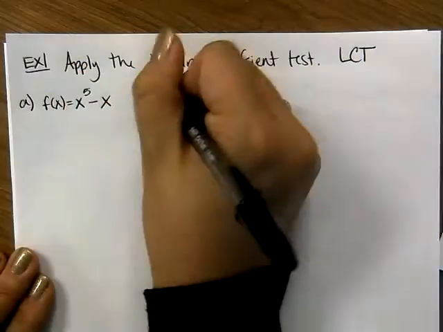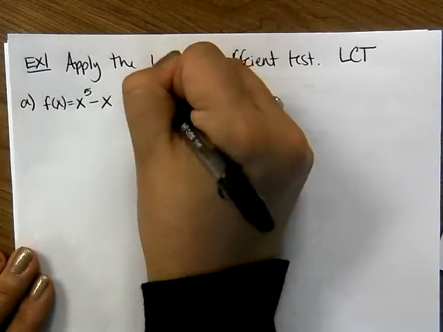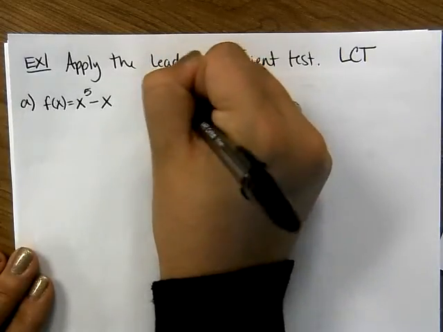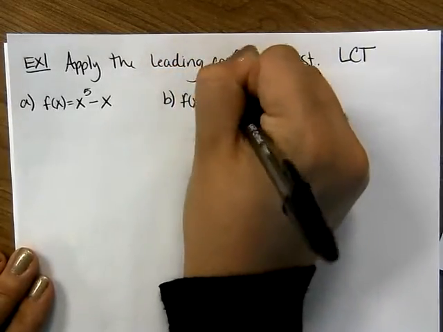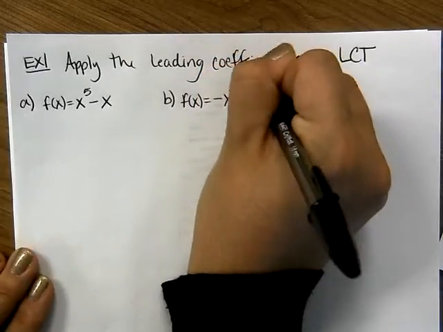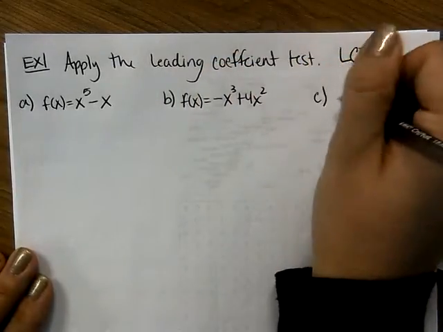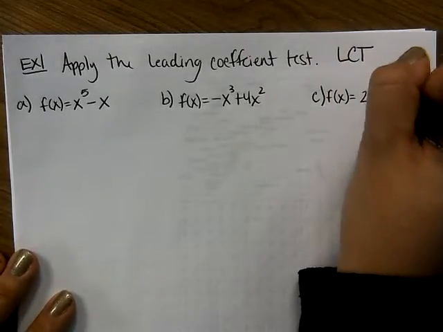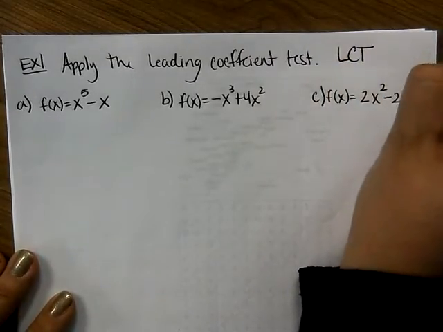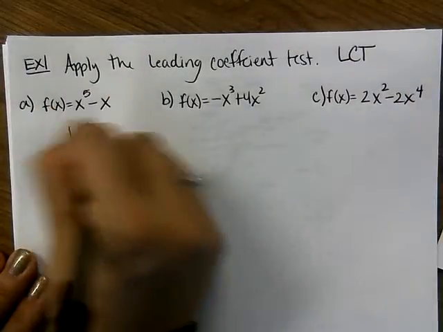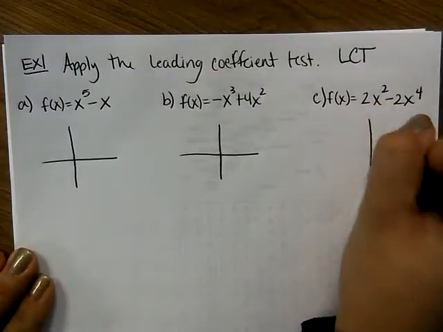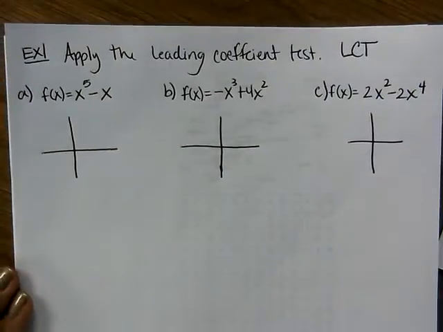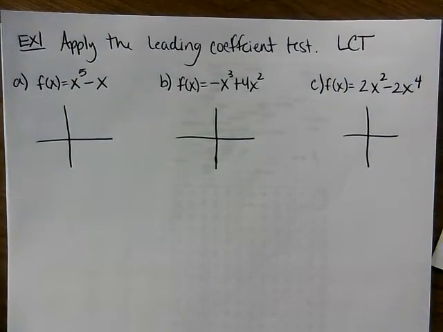And all you have to do is draw the arrows like we just did. So just draw your little axes, and then you're just going to draw arrows to determine what it does on the left and the right. So go ahead and try those.